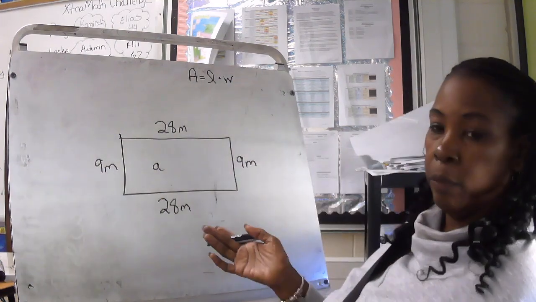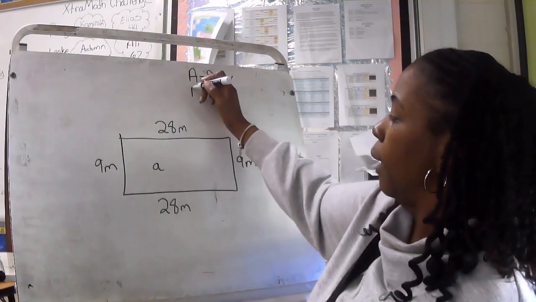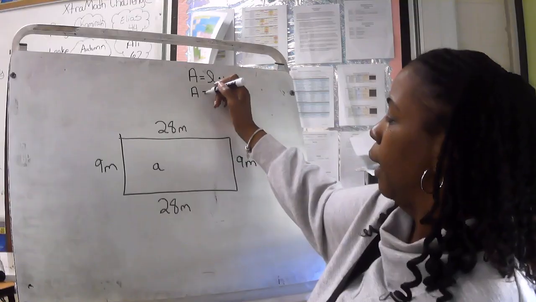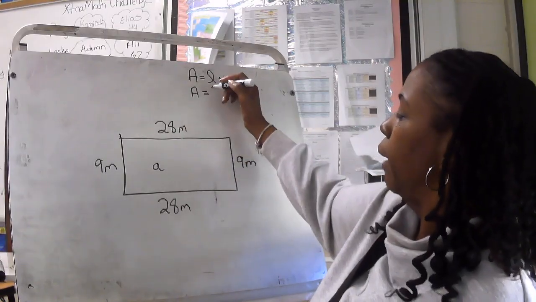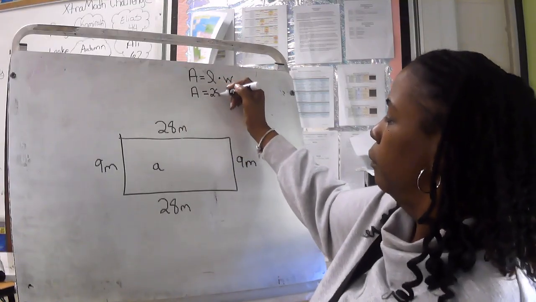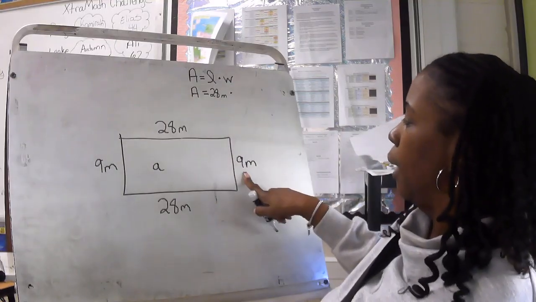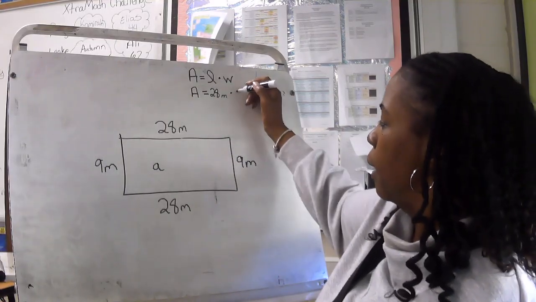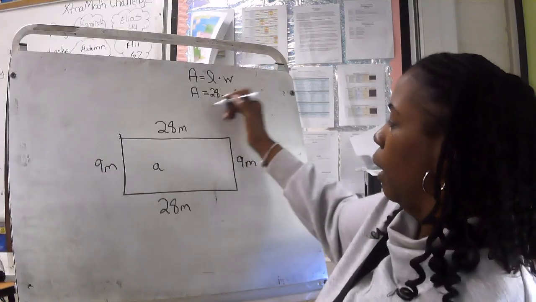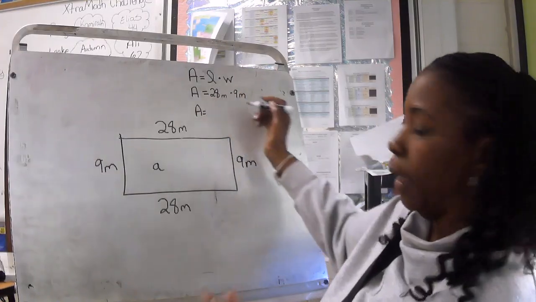So we don't know the area, so we're going to write the A there. A equals the length, 28, put the unit, meters, times 9, which is the width, one of the sides. And we're going to multiply them to find the area.